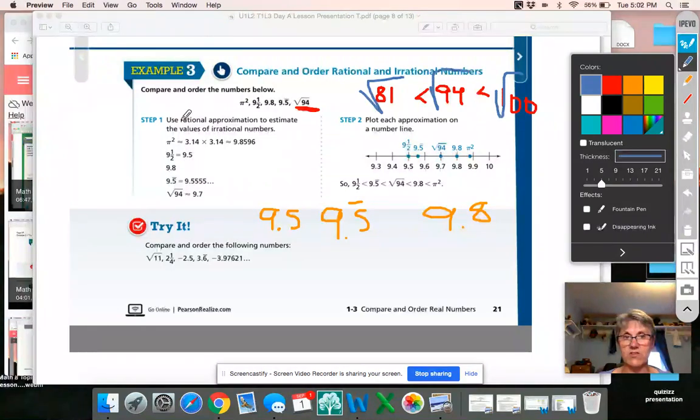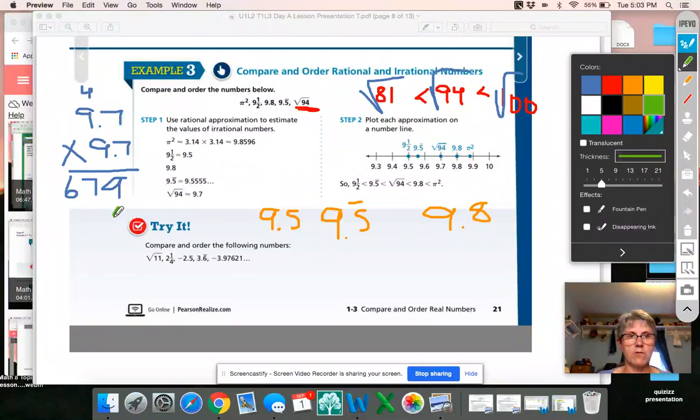So again, we do a quick check. If we take 9.7, or 9 7/10, times 9 7/10, so 7 times 7 is 49. 7 times 9 is 63, plus 4 is 67.